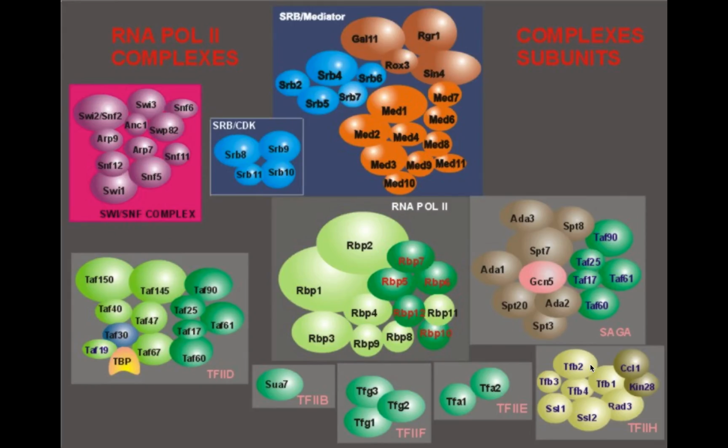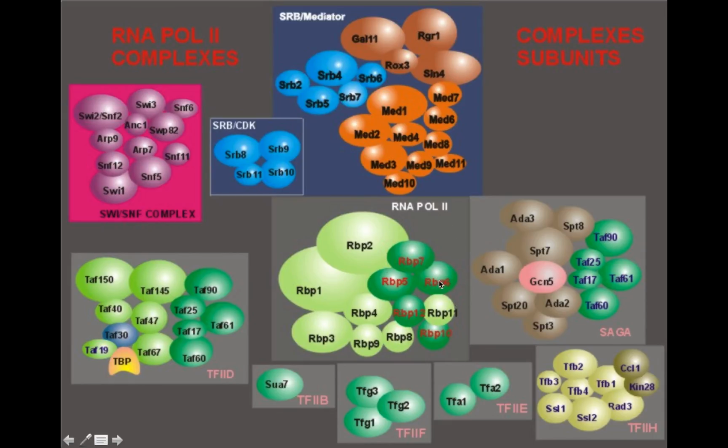Just wanted to show you that there are lots of different subunits of proteins involved in all of these different factors. Here's TFIID, for example, with TATA binding protein and all of these TATA binding protein associated factors. How many are there? Well, 10 of them.